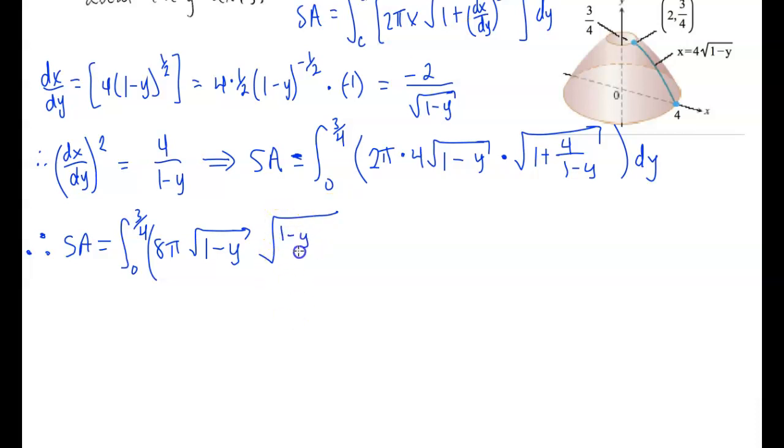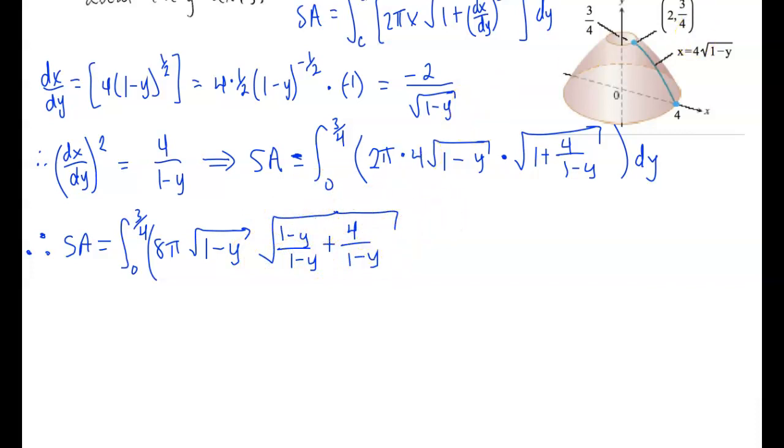That is what I'm trying to get at here. And this will be plus 4 divided by 1 minus y. In looking at this, we know that we can add these because they are fractions that have like denominators. So our numerator would just end up being 1 plus 4, so that would be 5 minus y all over 1 minus y, and then the square root of all of that.